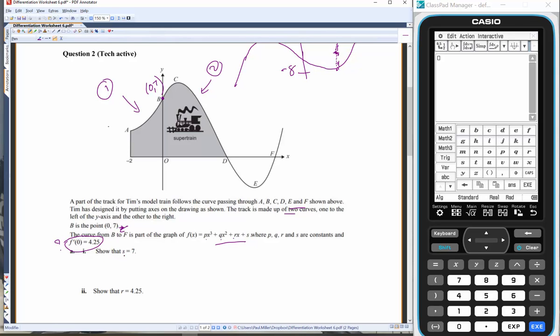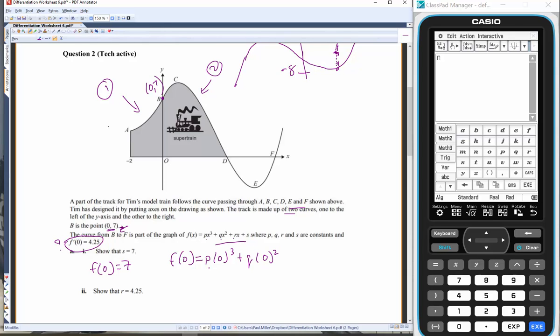So the first question is to show that S is equal to 7. Right, so how are we going to show it? Well, what I know here is if I put 0 into the function, the answer is going to be 7. Okay, so let's do f of 0, and it is p times 0 cubed plus q times 0 squared.